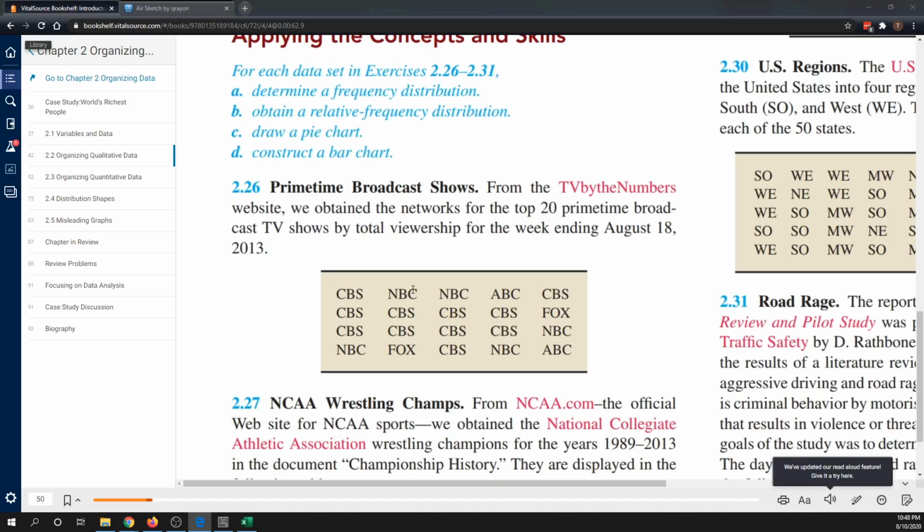Looking through that data, looking at the possible values that we have: CBS, we have NBC, we have ABC, and we have Fox, and that looks like it to me.